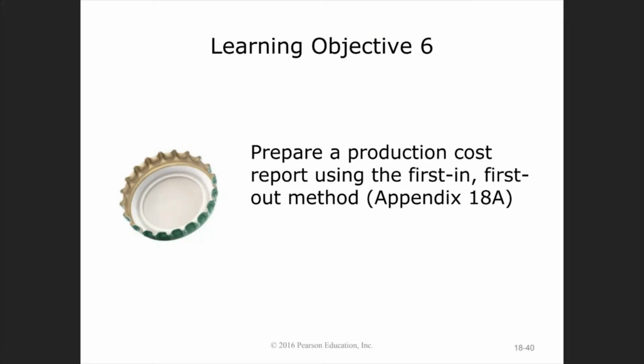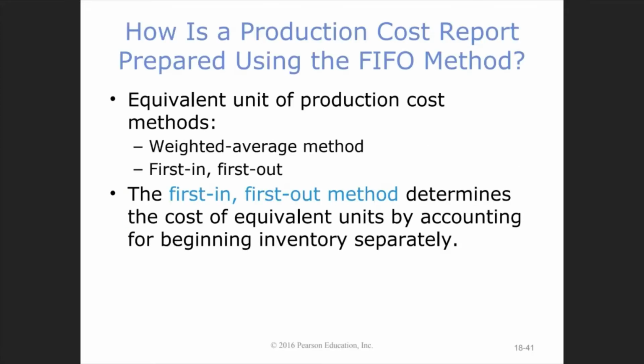Preparing a production cost report using the first in, first out method. How is a production cost report prepared using first in, first out method? So we have the equivalent unit of production cost methods. We've got weighted average, and we've got first in, first out.